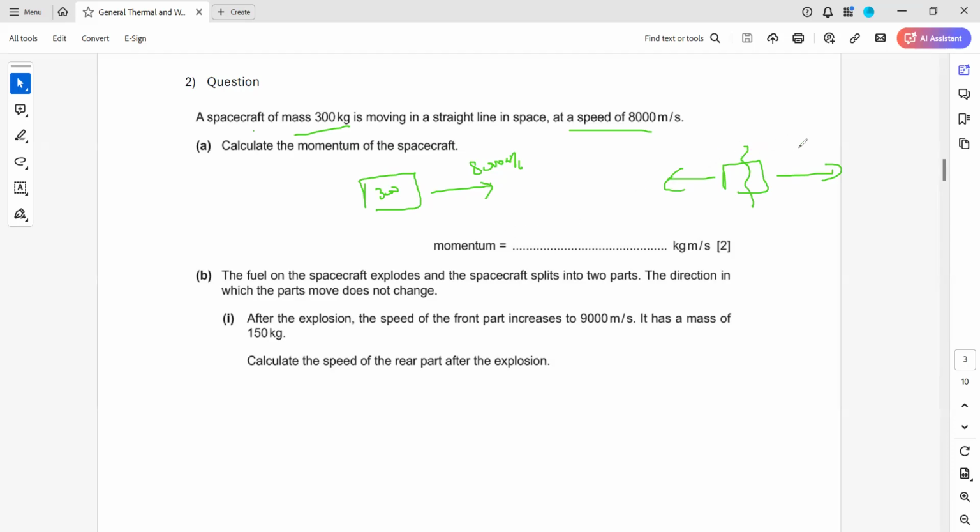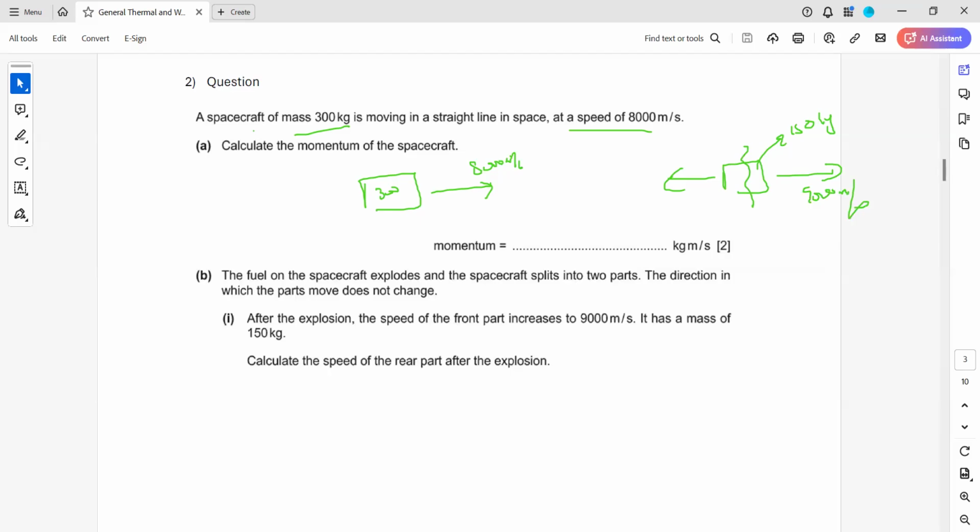The front part has a mass of 150 kg, and its speed increases to 900.